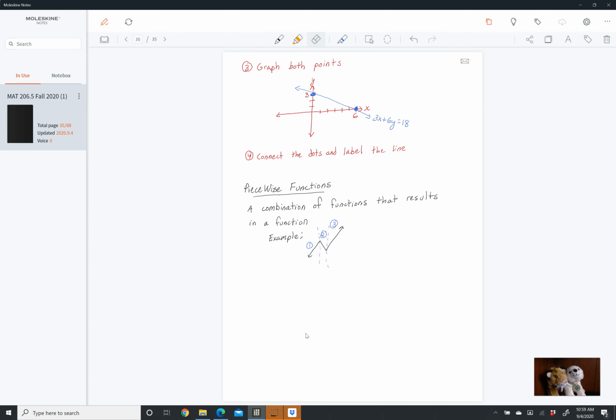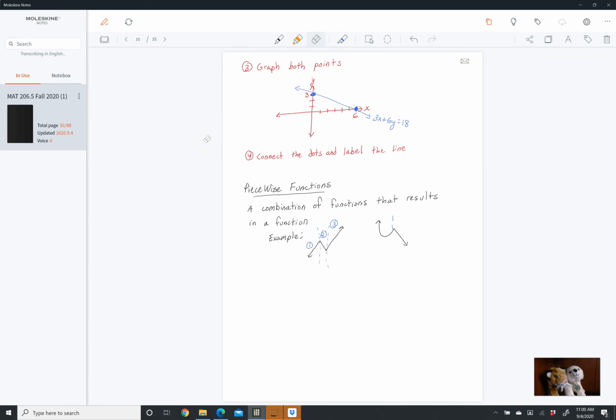Here's another example of a piecewise. We'll look at a 2 piecewise function, 2 pieces. Now this is a 2-piece function. So some of you may be familiar with the quadratic function, a parabola.